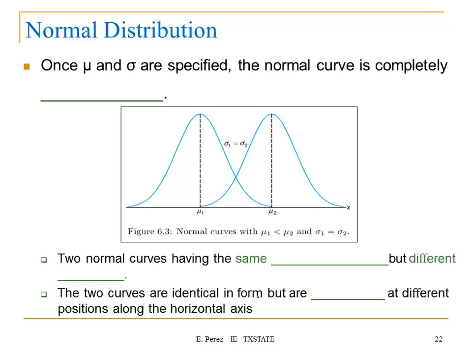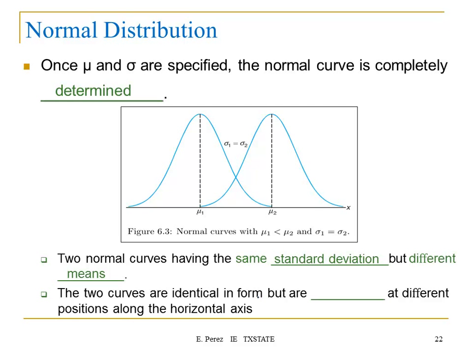So before we get to a method for not going through that process of integrating the normal distribution, let's talk a little more about the properties of the normal. Once mu and sigma are specified, the normal curve is completely determined. In this case, we have two normal distributions with the same shape, but the only difference is that they have different means.